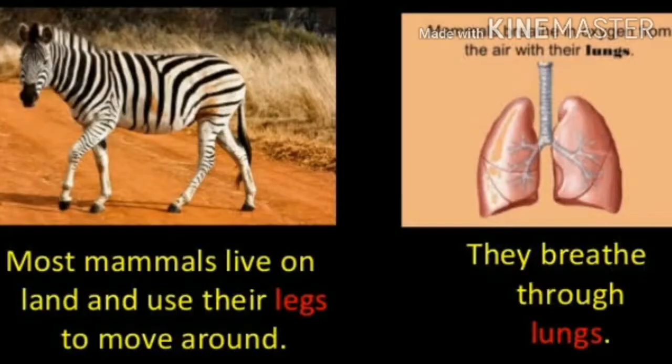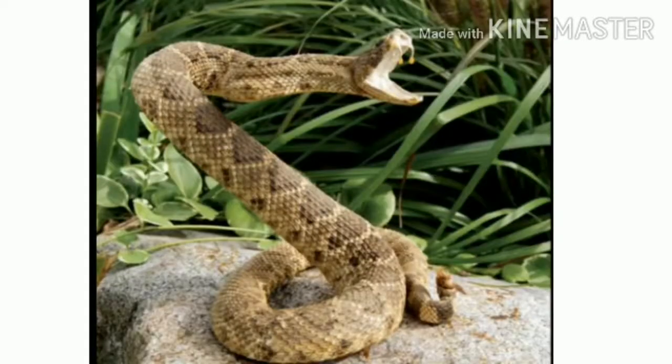The terrestrial animals use their lungs as breathing organs and their legs to walk. A snake lives on land, but it does not have legs. It crawls with the help of its scales.